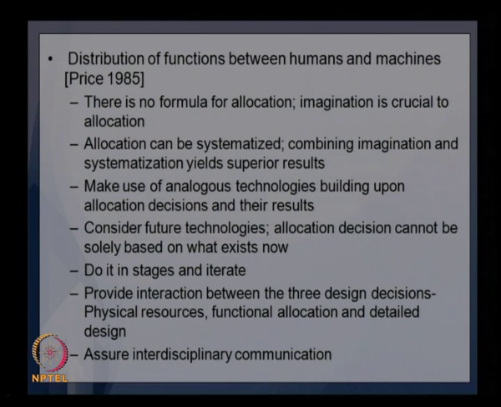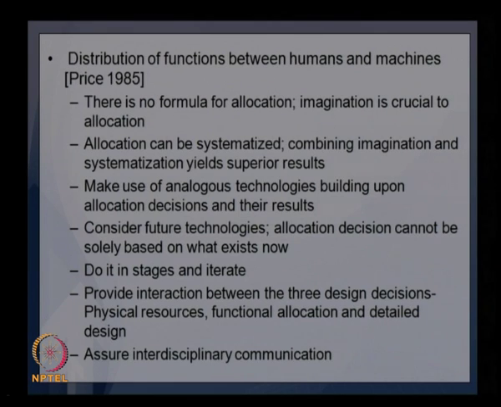As you know, the physical resources, function allocation and detailed design are the three design decisions. So, when we make a decision or design, we need to look at the physical resources available, we need to look at the function allocation, what are the functions to be provided and the physical resources, and then a detailed design of components. Once we identify the components, we need to go for the detailed design of these components.